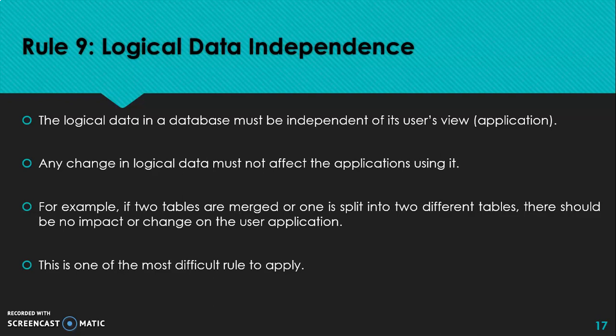For example, if two tables are merged into one, or one table is split into two different tables, there should be no impact or change in the user application. Again here the user is unaware whether the two tables are merged together or whether one table is split into two different tables. So since the user is unaware of these changes, this gives the logical data independence. Now this is one of the most difficult rules to apply.